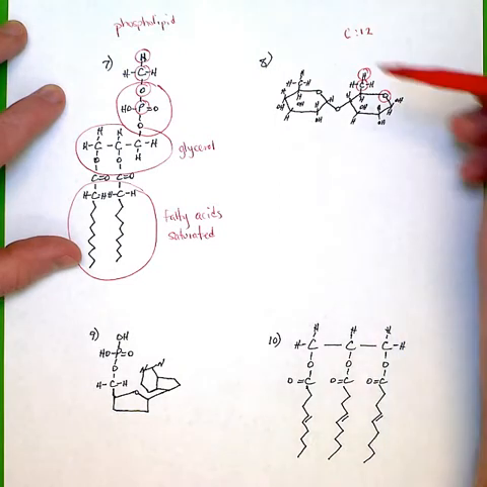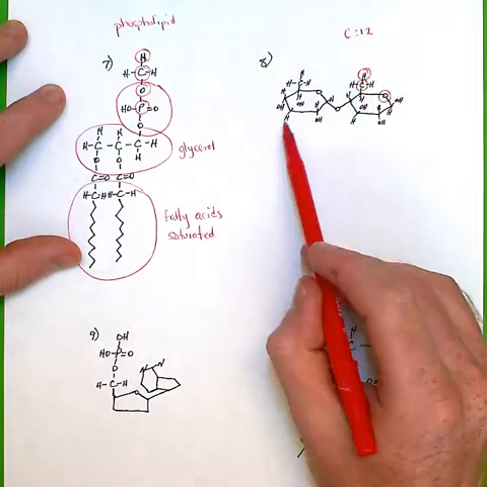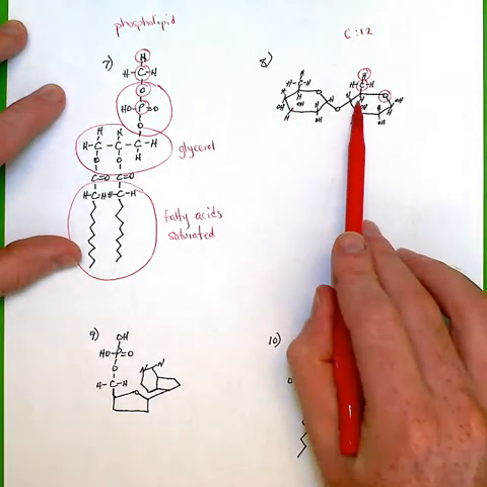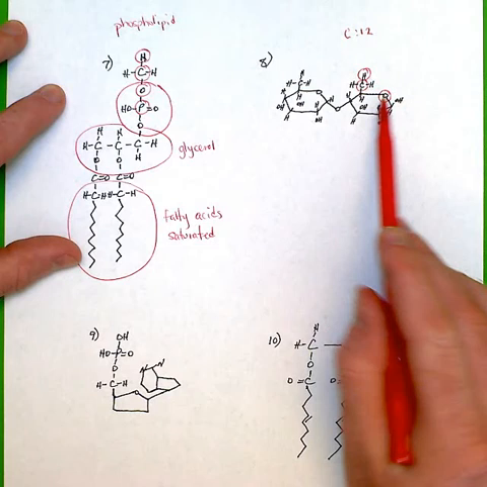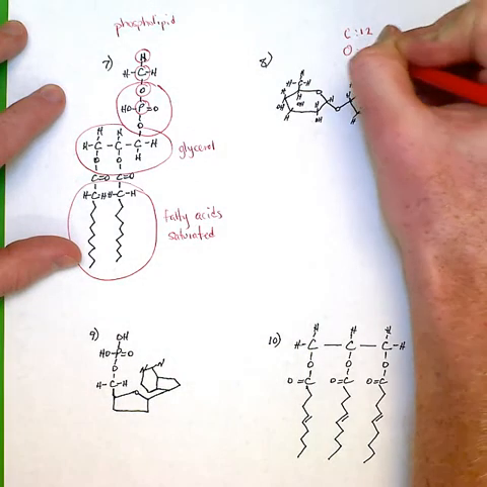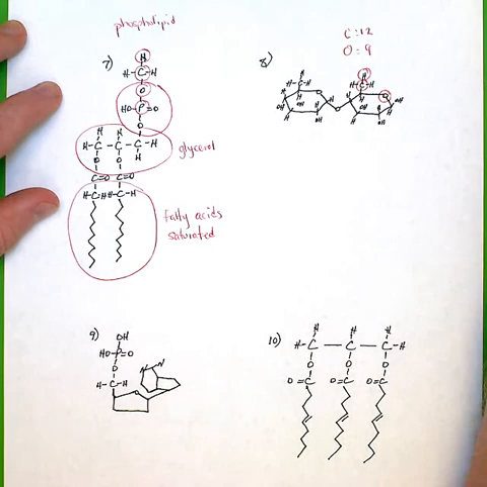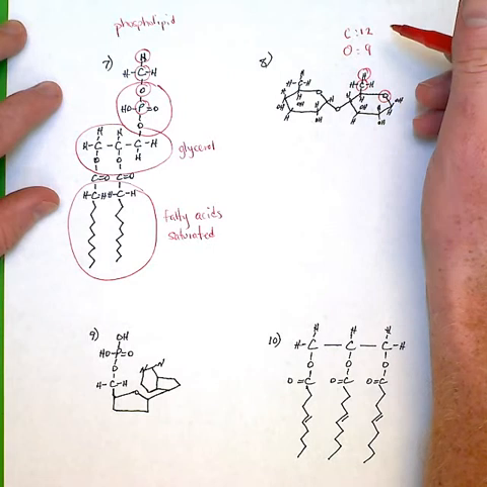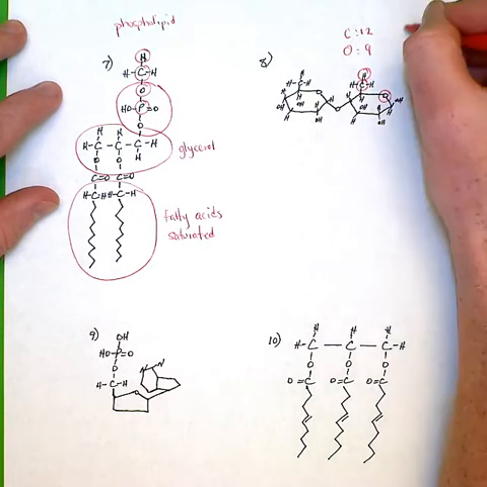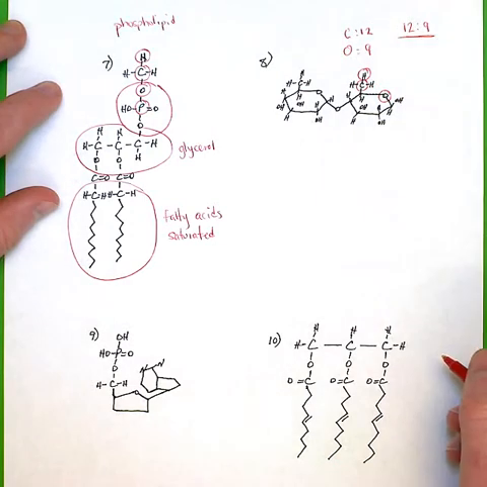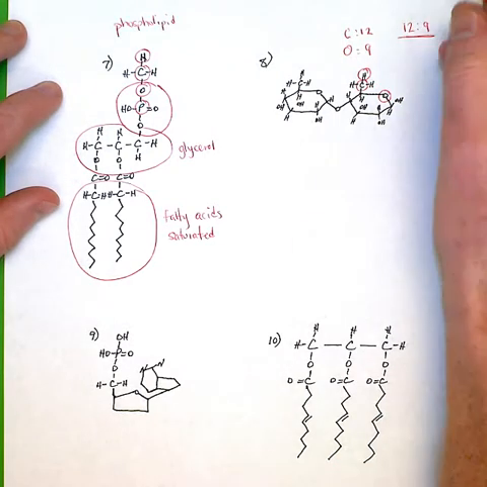I may have missed a couple. Okay. And so, oxygens we have 9. That right there is close enough to 1-to-1. That's close enough for me to say that this is a carb.